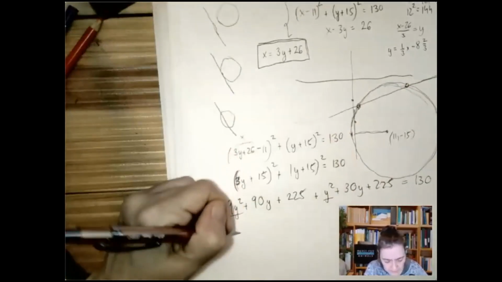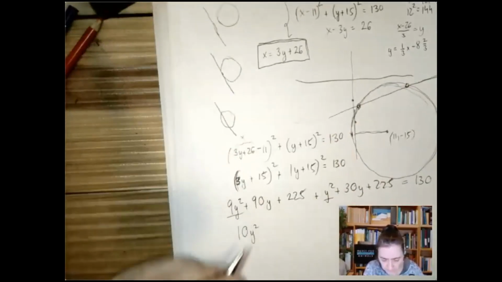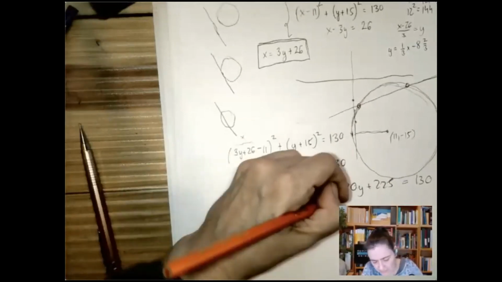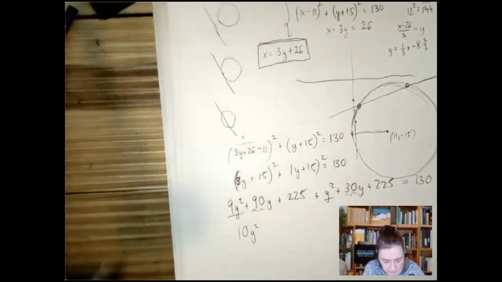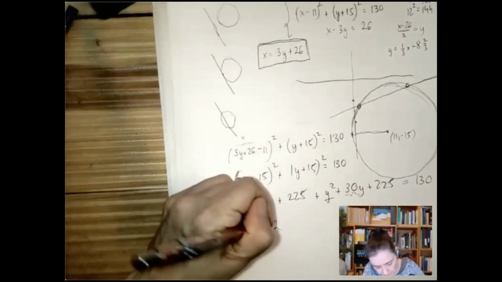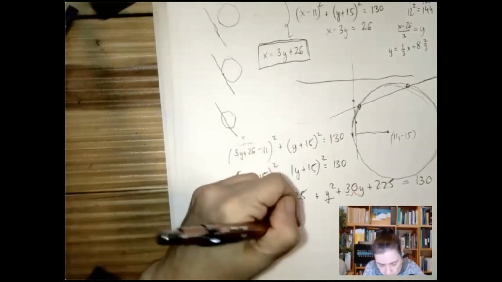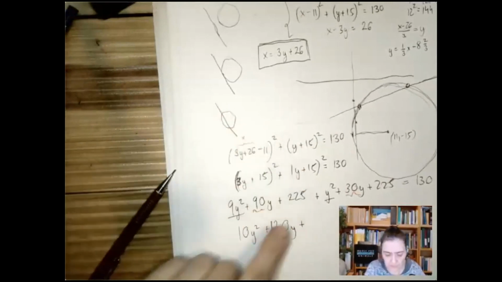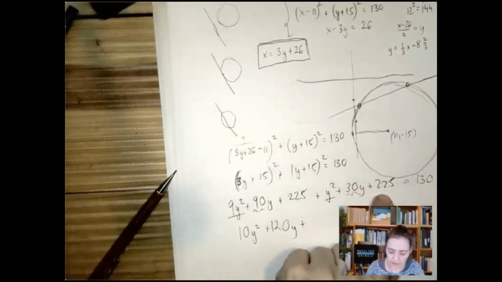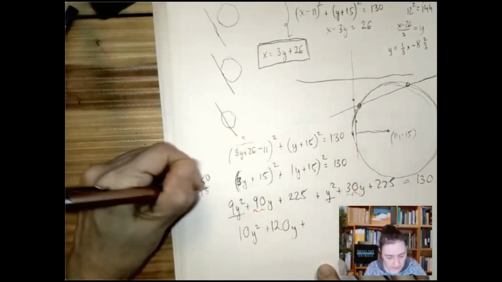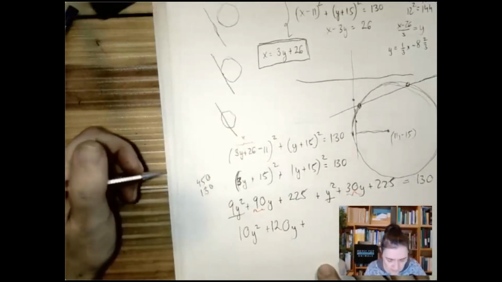So we have 10y squared and 120y plus, now this is 225 times 2 is 450, and 450 minus 130 is 320.